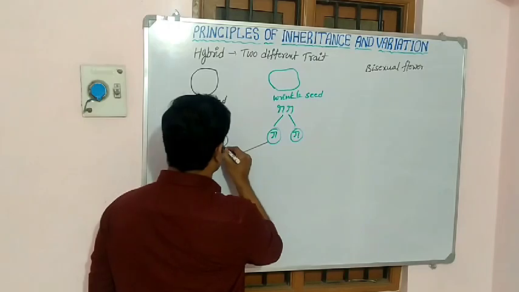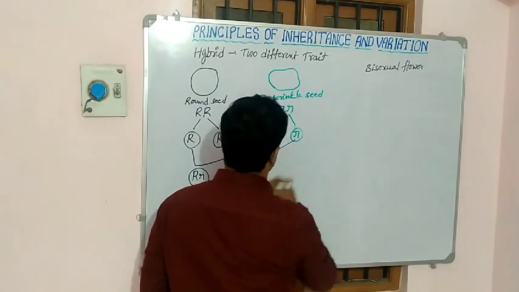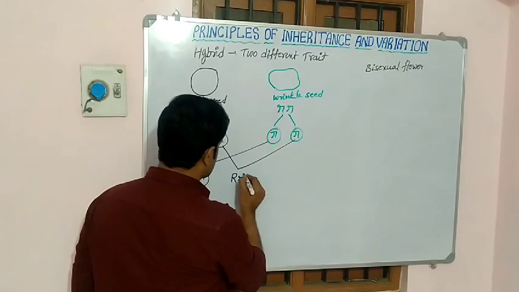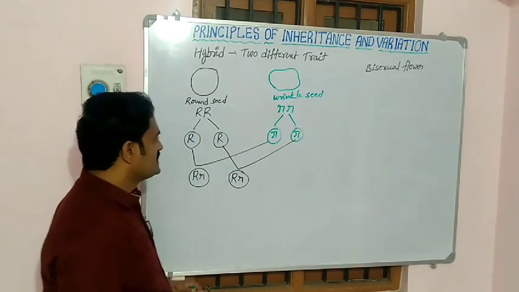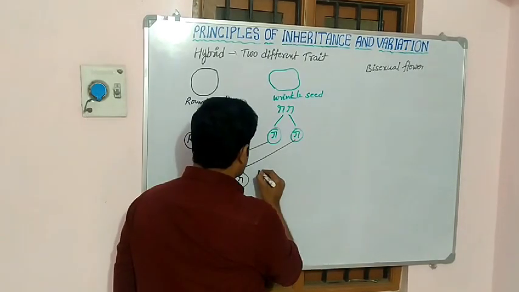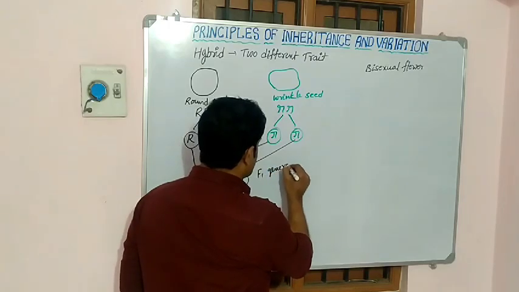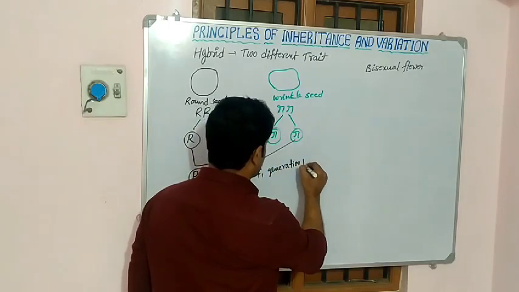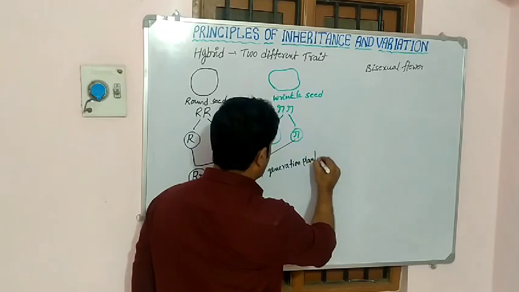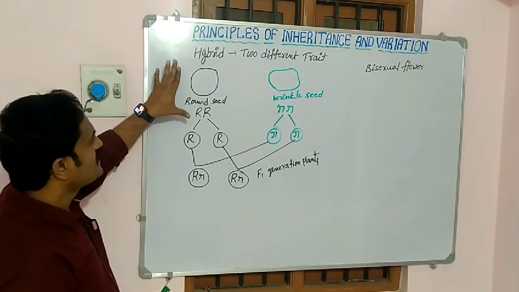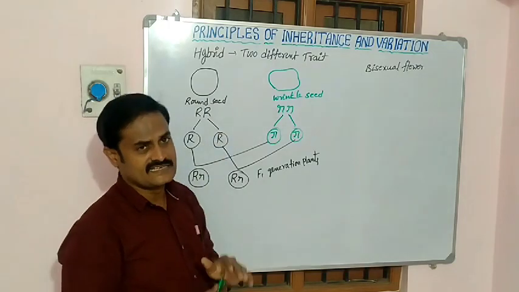See again, here also capital R is fused with small r. Here also capital R small r. So these are the F1 generation plants.